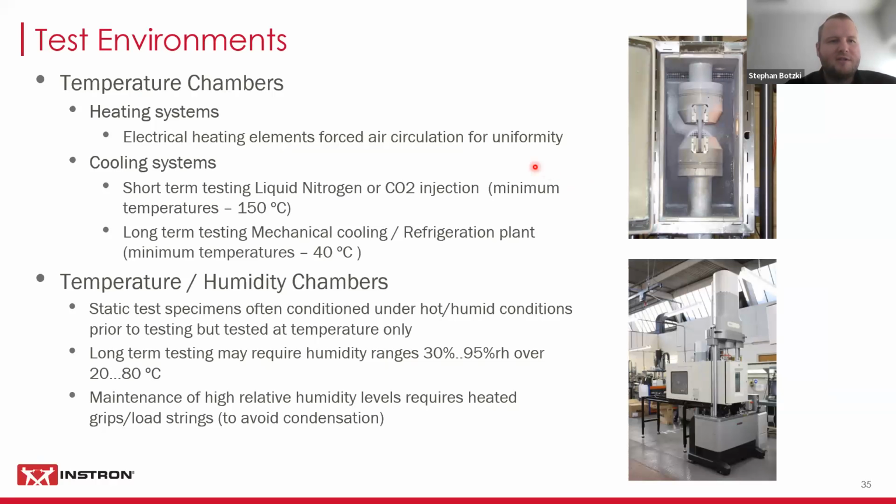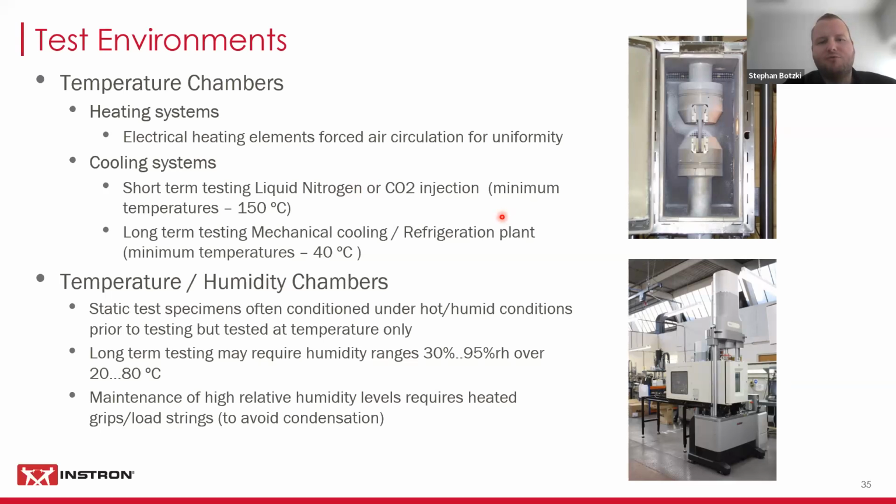Really quick here on testing environment. There are normal testing chambers that we, for example, supply, which you can have with electrical heating, just like a normal oven, right? You have heating elements and you force air over them to heat up. And then there are different ways of cooling down. You can use something like liquid nitrogen or CO2. It can get down to minus 150 Celsius with that.